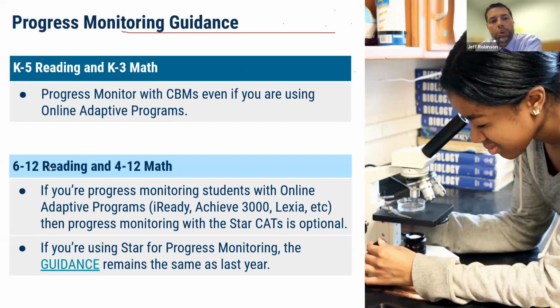If you're looking at 6 to 12 reading or 4 to 12 math, then you have an option. You can pick either to use STAR to progress monitor, or you can use one of the online adaptive programs as well. If you are going to use one of the online adaptive programs, there is some additional information about that in the progress monitoring deck.